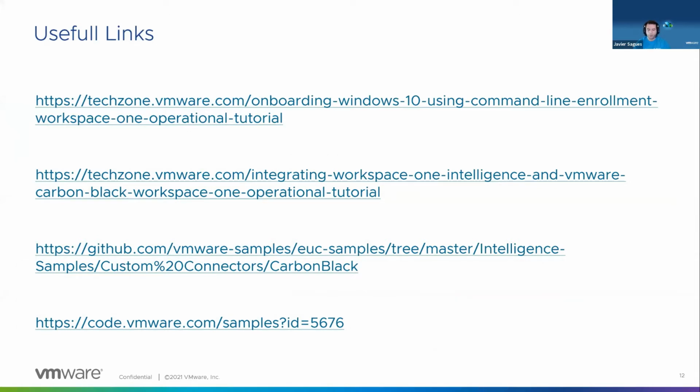In GitHub, Andreano Lausano, I hope I said the name correctly, created this sample for the custom connector for Carbon Black. It is really useful because it allows you to trigger actions in the Carbon Black console from Workspace One Intelligence. And at the bottom is the sample code to modify the MSI.